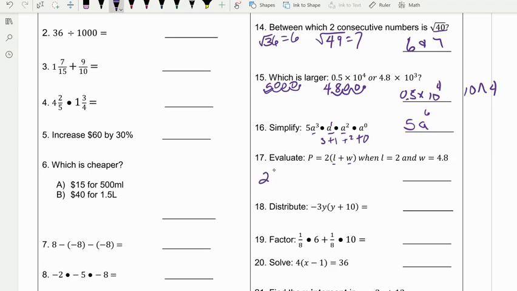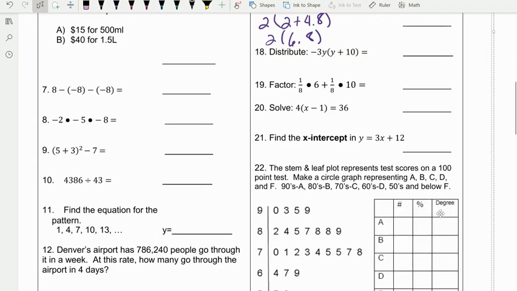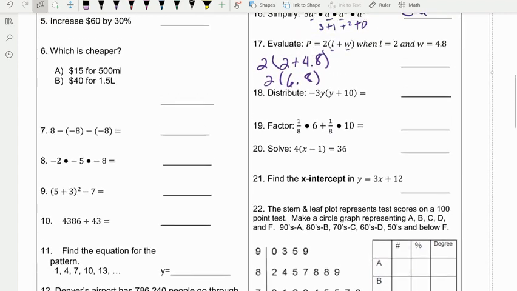So this becomes 2 times 2 plus 4.8, which becomes 2 times 6.8. And then if you multiply those two things together, you should come up with 13.6. Sorry about that.